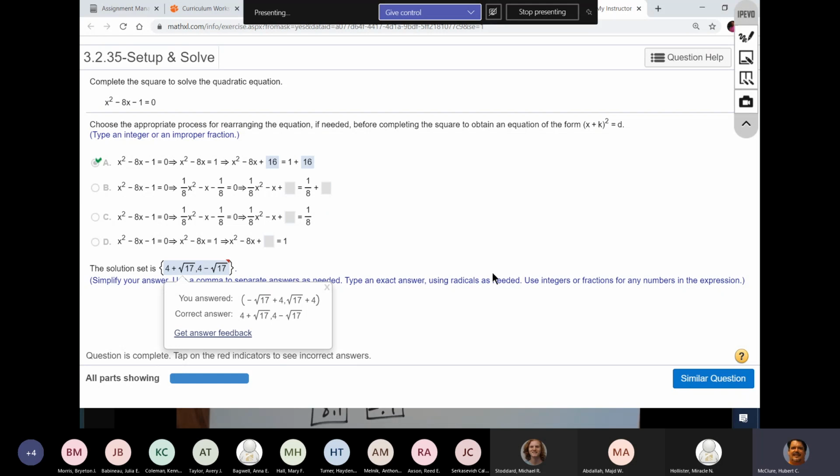I did, using radicals, using integers or fraction for any numbers. There's no difference between what I did, plus or minus square root of 17 plus 4, and 4 plus square root of 17. So it's the right answer.